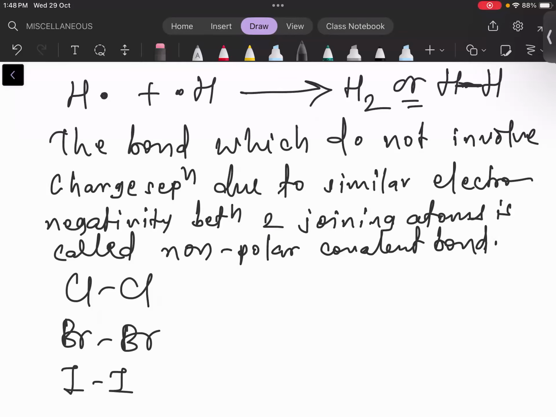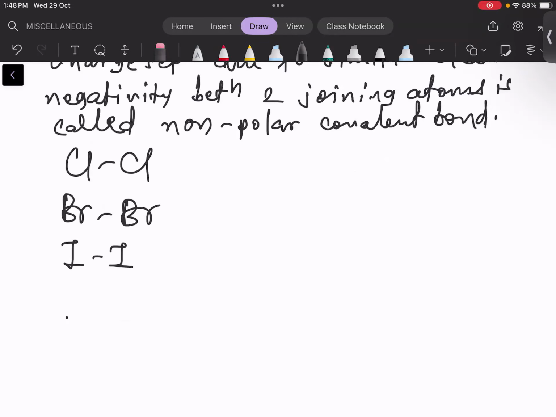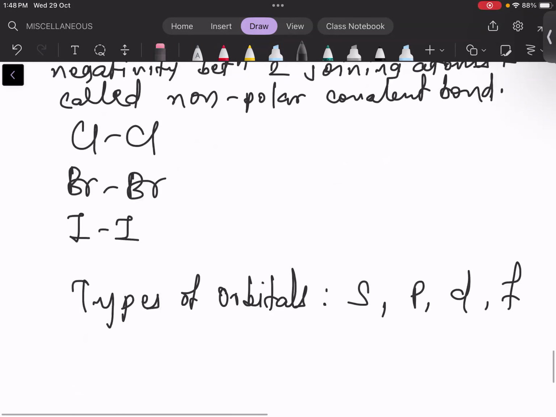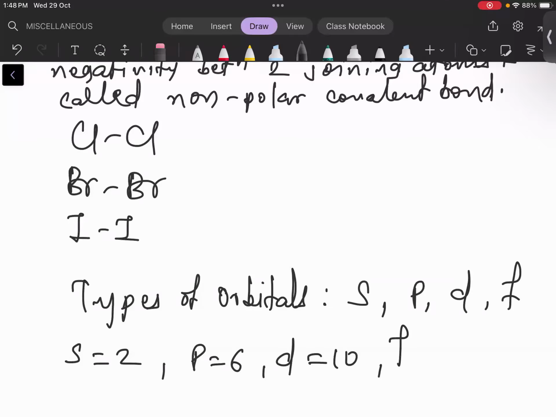So, the types of orbitals: s orbital, p orbital, d orbital, and f orbital. The s orbital has a maximum capacity to accommodate 2 electrons. The p orbital, 6. The d orbital, 10. The f orbital, how much? 14.